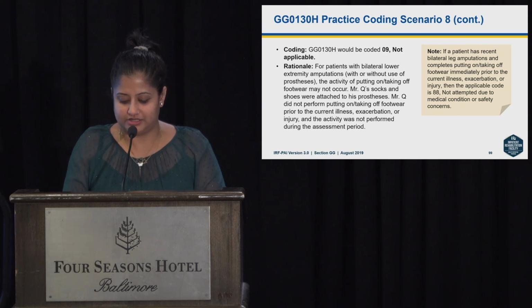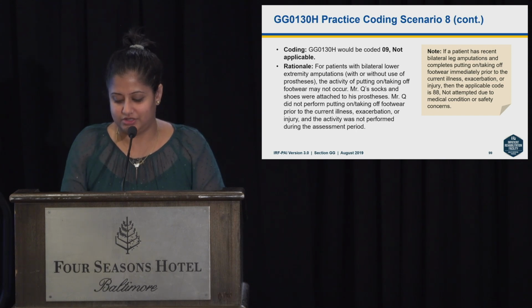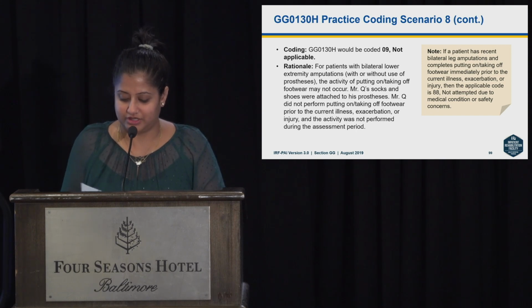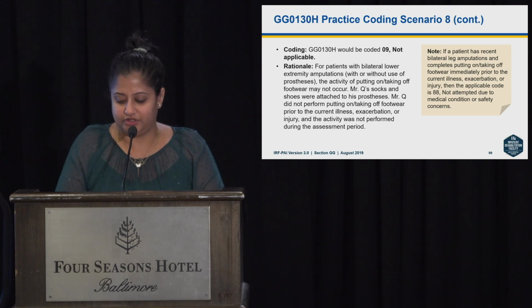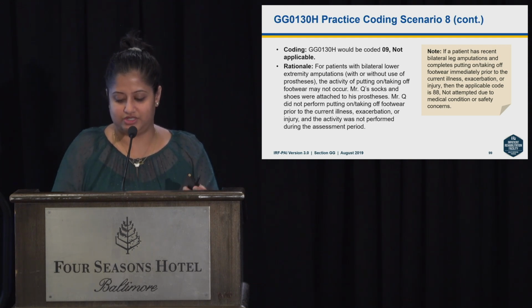Mr. Q's socks and shoes were attached to his prosthesis, as I told you, so Mr. Q did not perform putting on and taking off footwear prior to the current illness, exacerbation, or injury, and the activity was not performed during the assessment period. And just a quick note here, if a patient has recent bilateral leg amputations and completed putting on and taking off footwear immediately prior to the current illness, exacerbation, or injury, then the applicable code would be 88, not attempted due to medical condition or safety concerns.